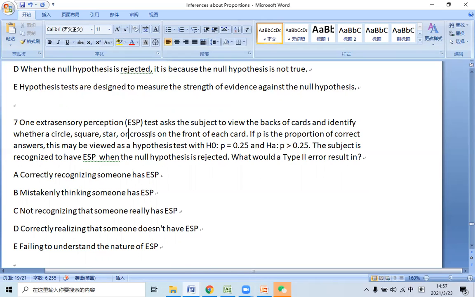If you really have extrasensory perception, if you do have this ability of seeing things on the back of the card, you will do better than guessing. If you guess, your correct rate will be 1 in 4. That is 0.25.